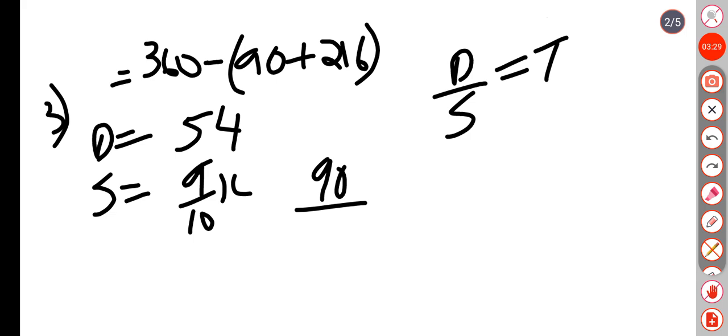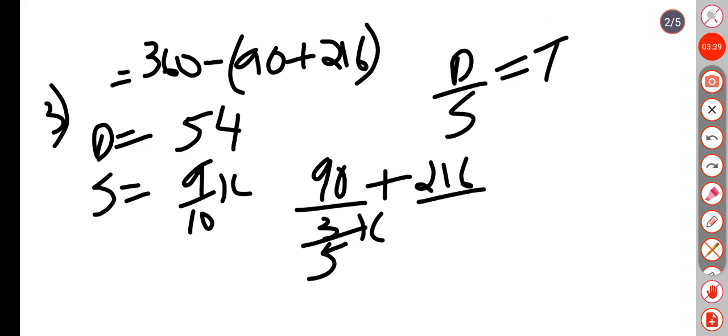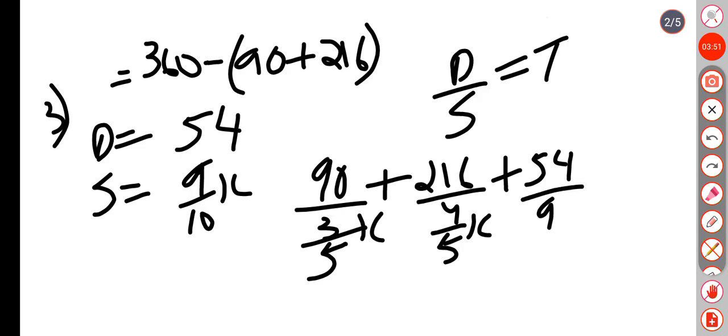That means distance by speed, which means 90 by 3 by 5x plus 216 by 4 by 5x plus 54 by the speed, and the time is given, which is 8.